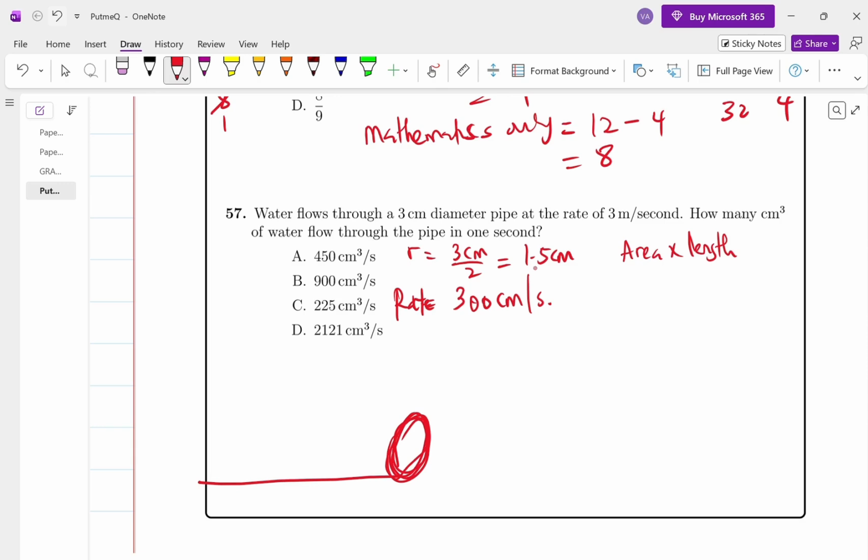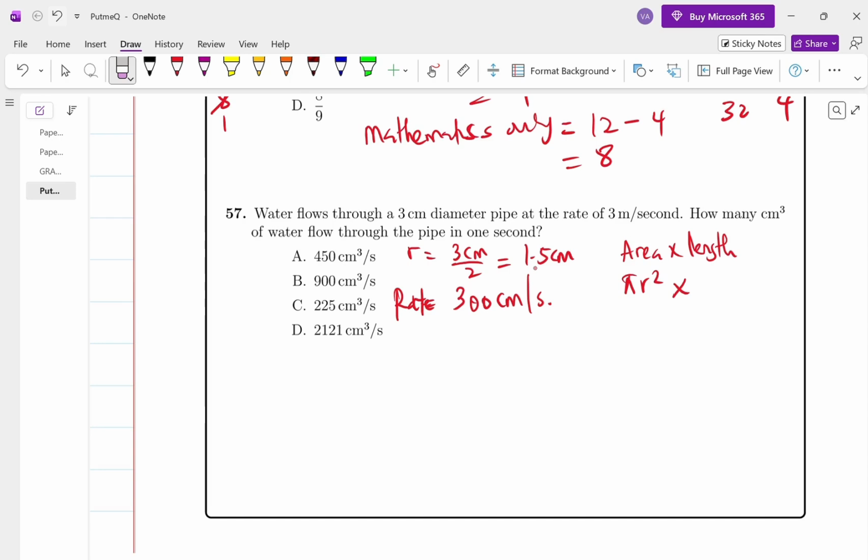What I've just found is the volume of a cylinder, because we need the area of one surface times the height. So that's what we're going to be using. The area is pi r squared times the length.